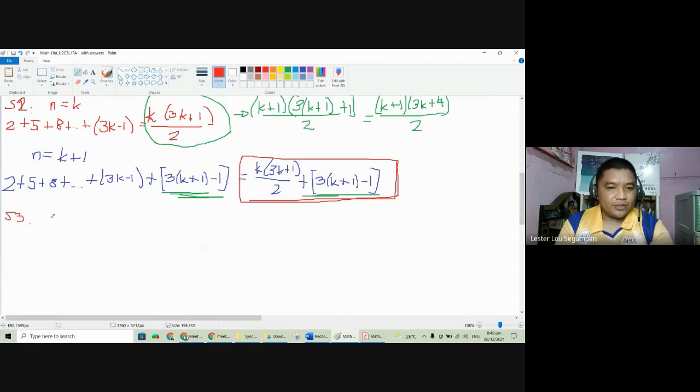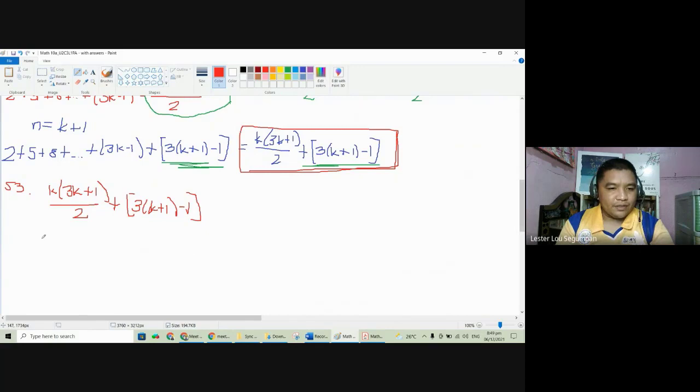So you have the expression k times 3k plus 1 all over 2 plus the expression here, 3 times k plus 1 minus 1. So let's try to combine this first.